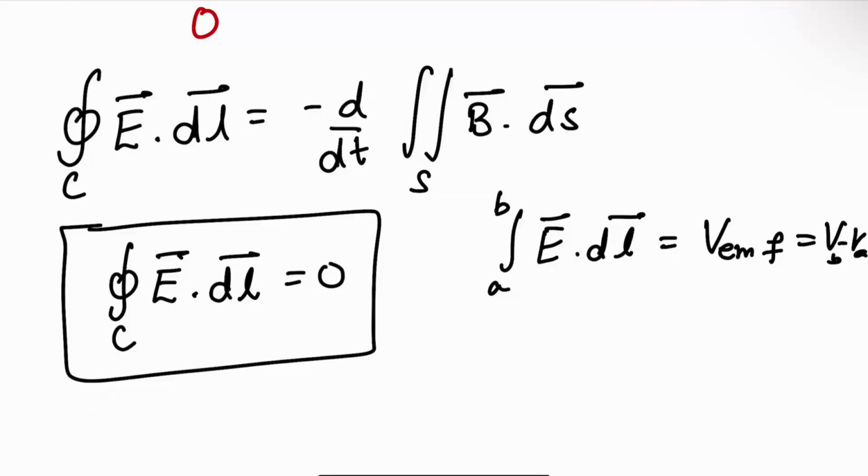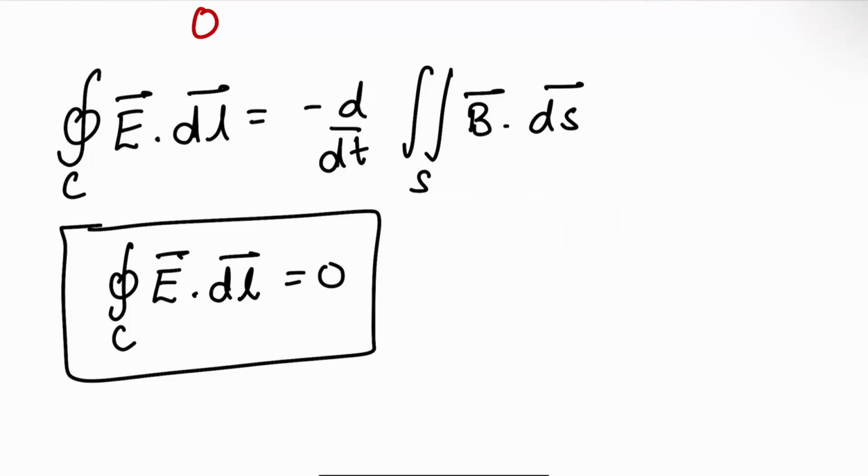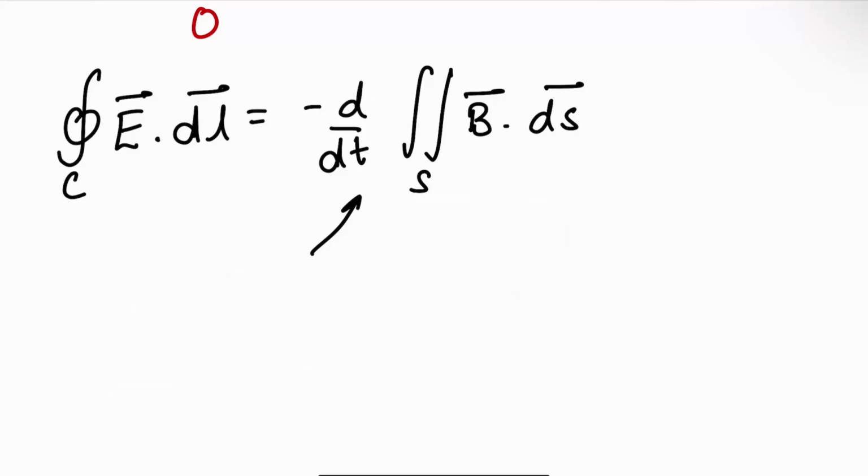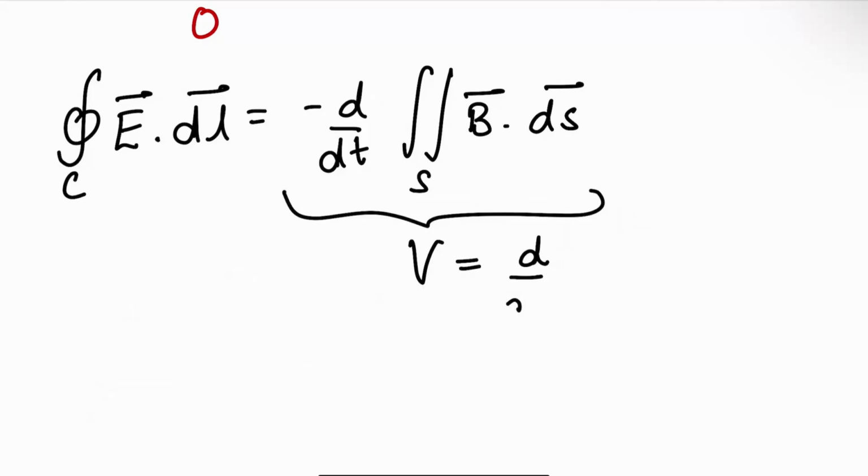But in the quasi-static regime, you need to be a bit more careful, right? Since you don't have zero here, the right-hand side is not zero. What we typically do in circuits is that we say that this is some voltage, which is nothing but L times di/dt, the inductance times the derivative of current.